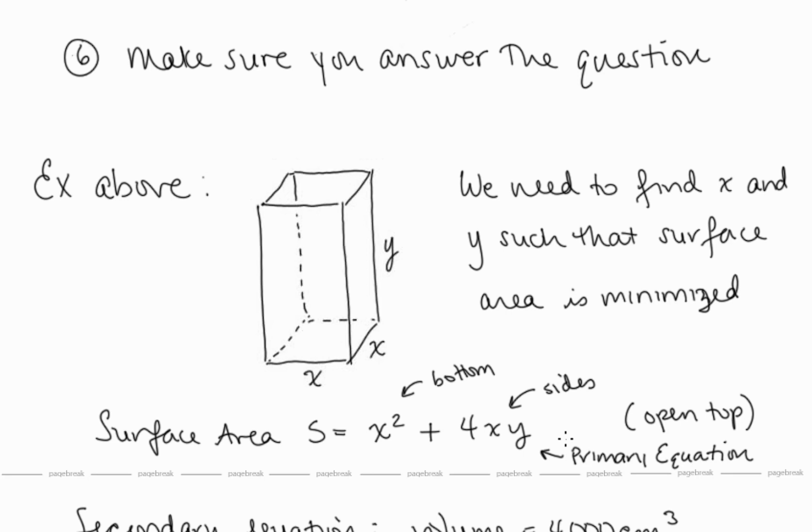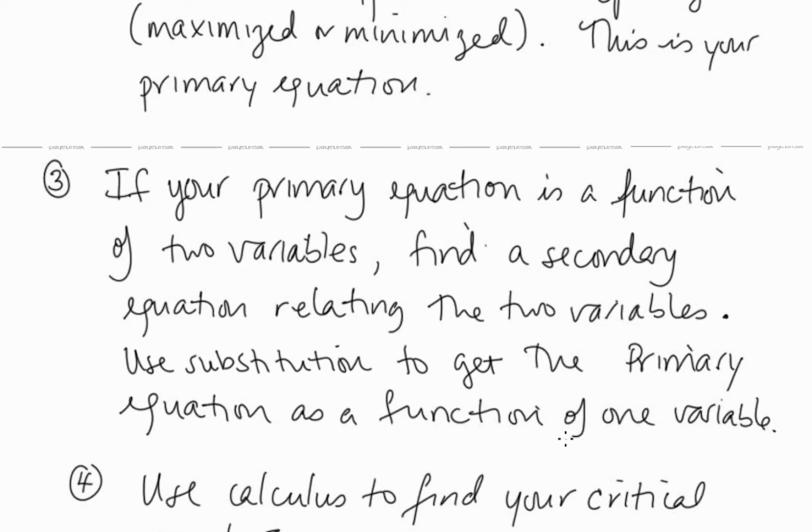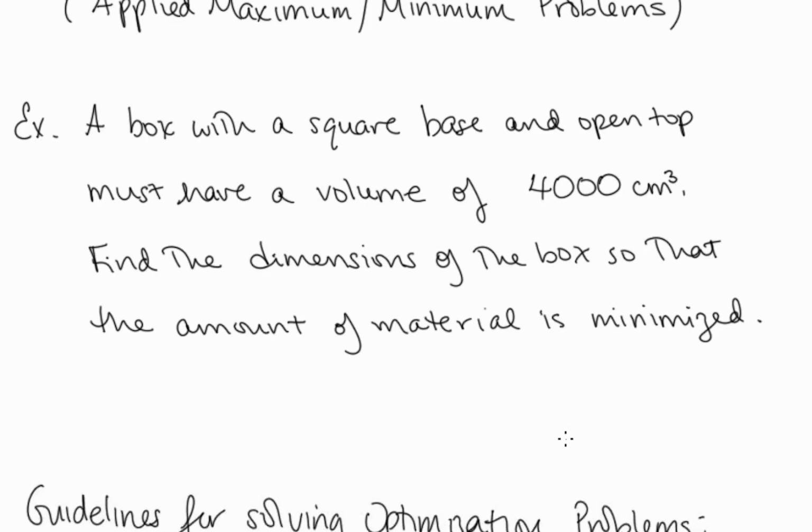Now, the next step says that if our primary equation is a function of two variables, which it is, we want to find a secondary equation that relates the two variables, and then use substitution to get the primary equation in only one variable. So now, what relationship do we have between x and y? Let's take a look at the problem again. We're given that the volume of the box must be 4,000 cubic centimeters.